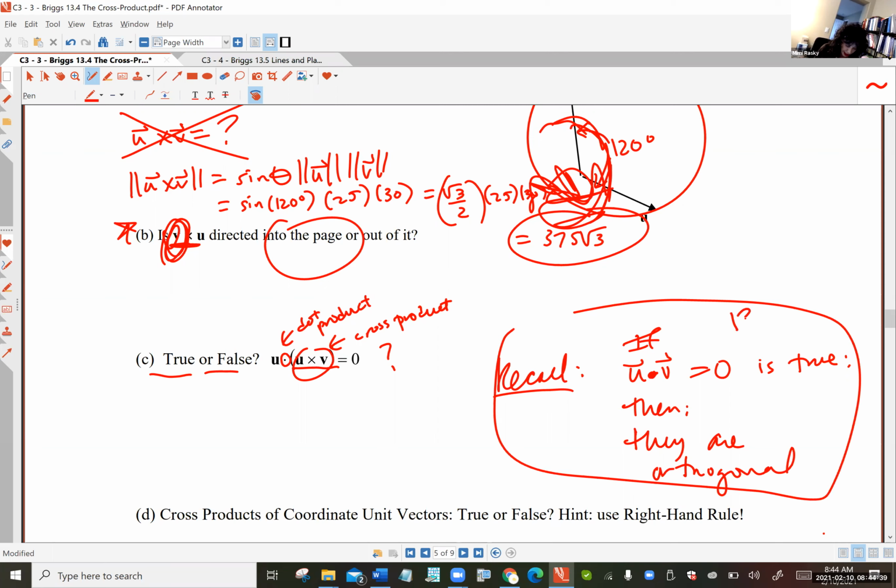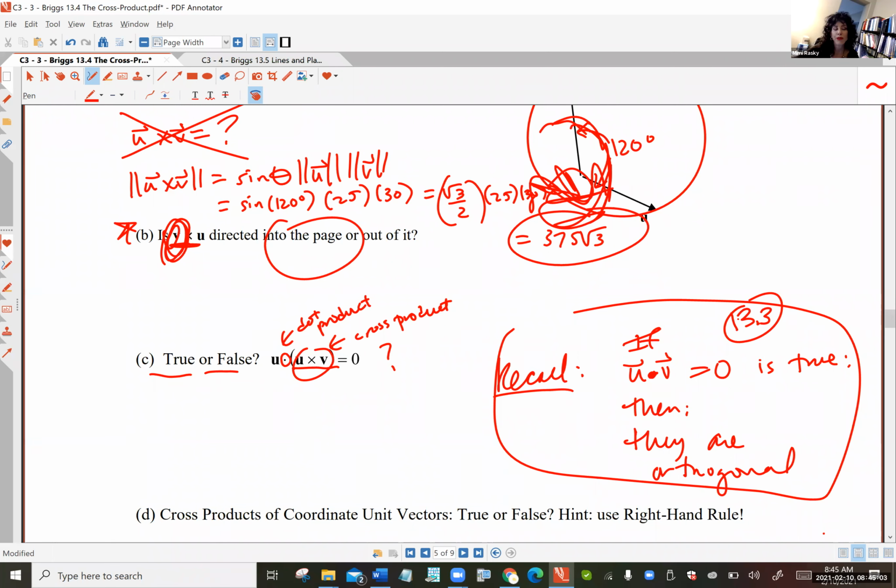And if you didn't learn that from section 13.3 yet, ooh, the rest of the semester is going to be painful. That's like a handy fact you've got to keep under your hat at all times. Anytime the dot product between two vectors, whatever the vectors are, is equal to 0, you're guaranteed that they're orthogonal, that, essentially, they're perpendicular.